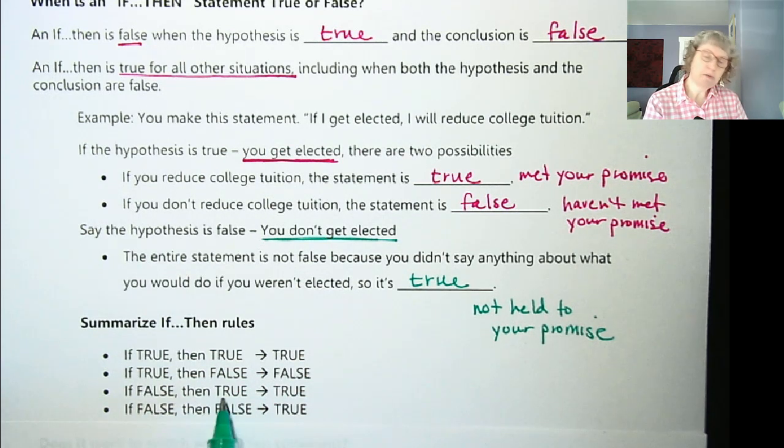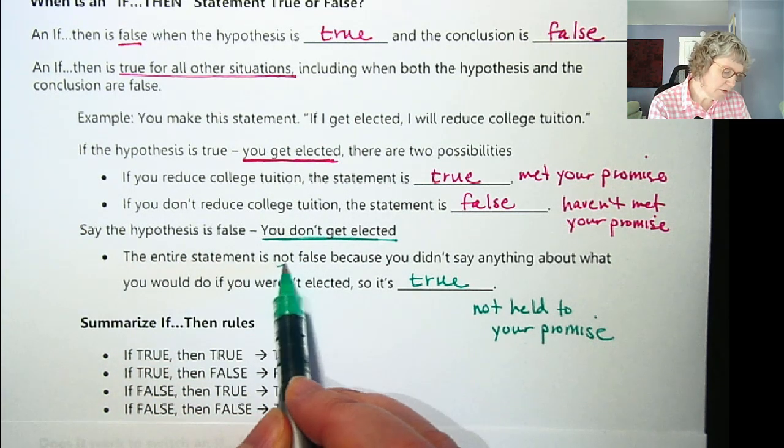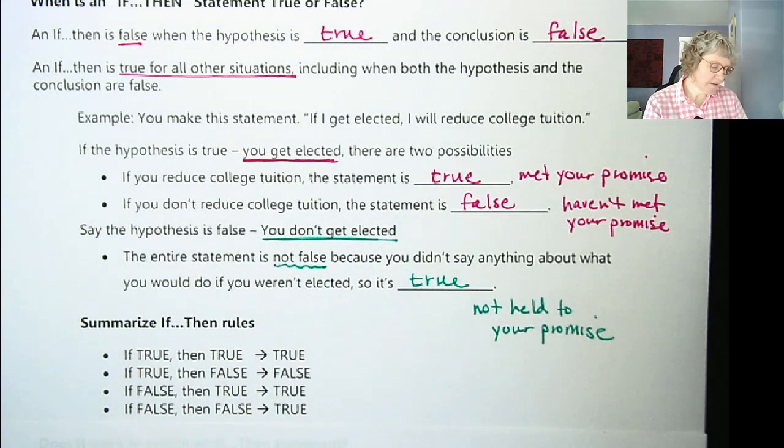If you're not elected and you do meet your promise, that's true. If you're not elected and you don't meet your promise, that is also true because you weren't expected to meet your promise. So notice it's kind of a double negative here as well, as we were talking about in the last video. The entire statement is not false, so therefore we say it's true.